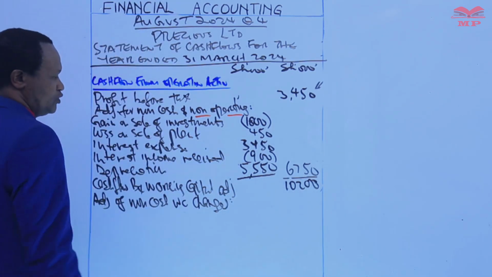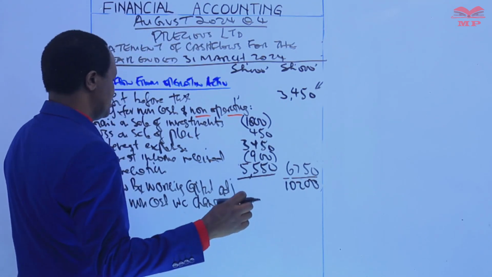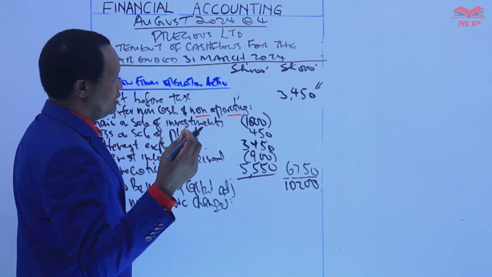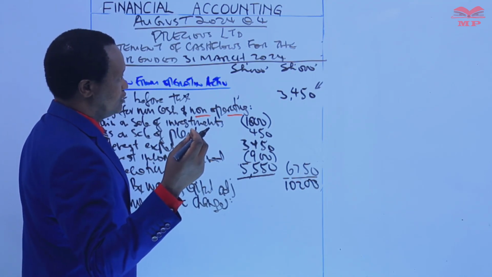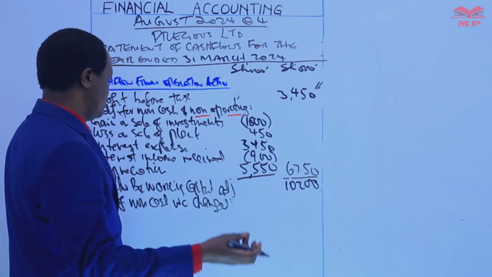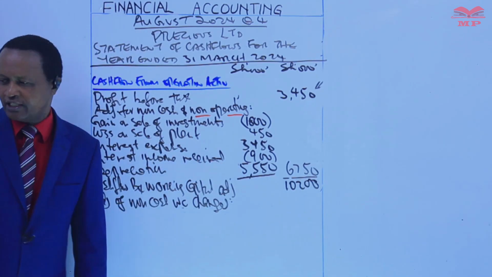Now we move to the balance sheet and analyze the working capital items: the inventories, accounts receivable, accounts payable, changes in working capital.